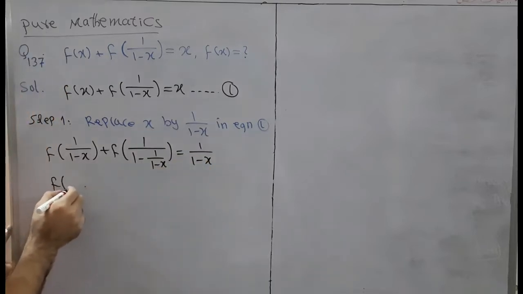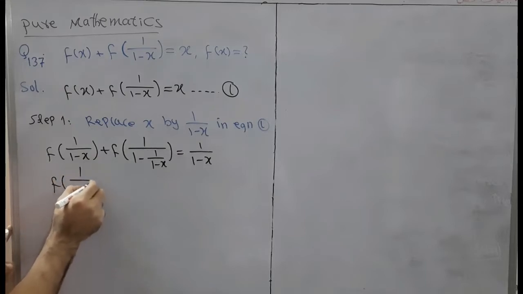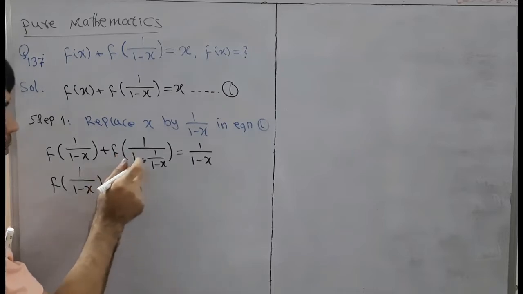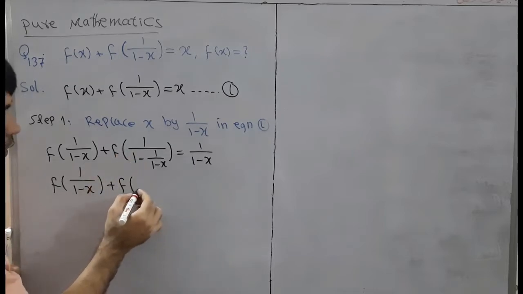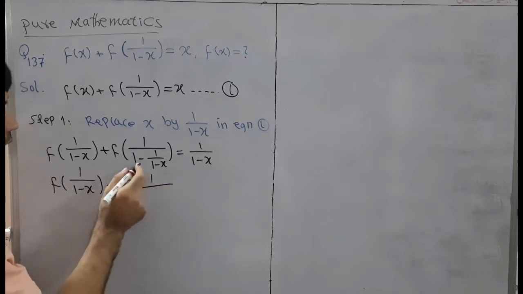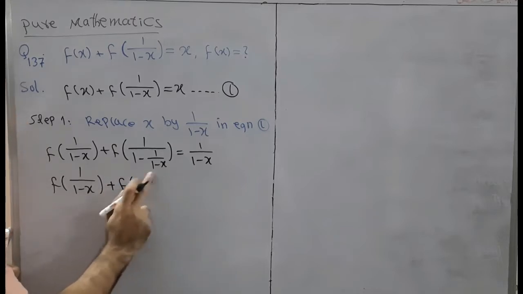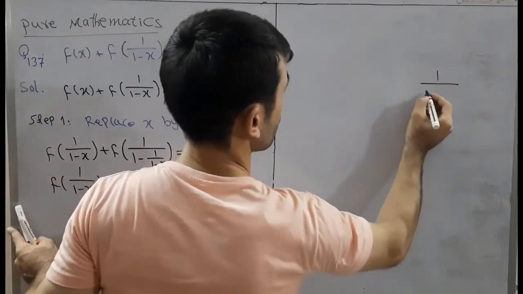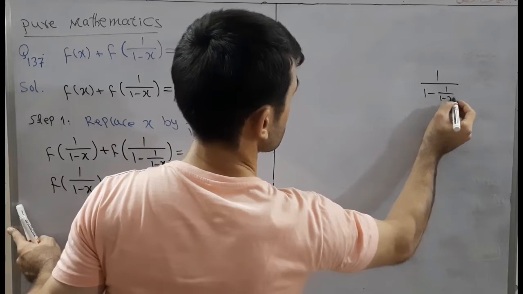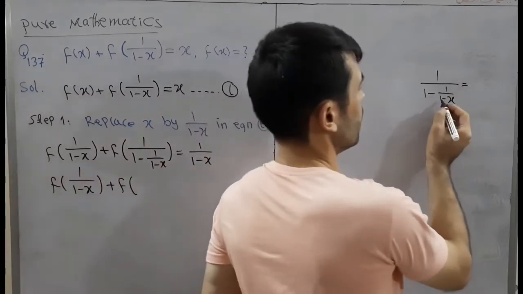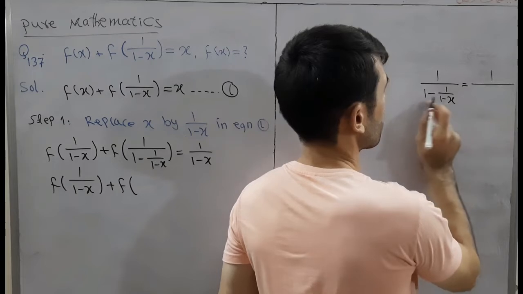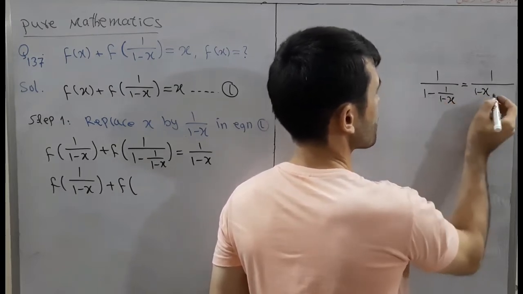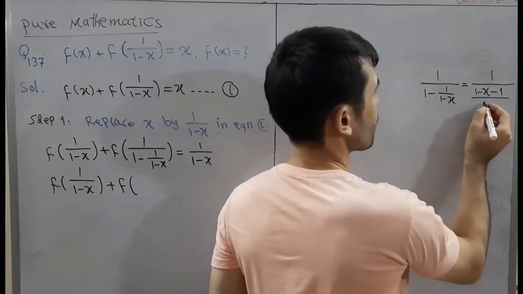f of 1 over 1 minus x plus f of, we simplify this fraction. Here we can simplify this fraction 1 over 1 minus 1 over 1 minus x. It is equal to 1 over 1 multiplied by 1 minus x minus 1 divided by 1 minus x.